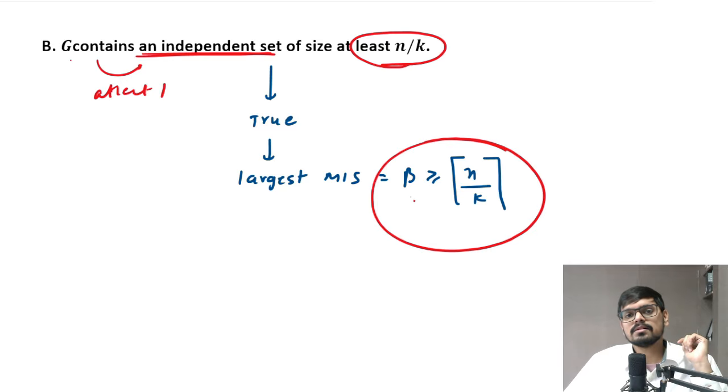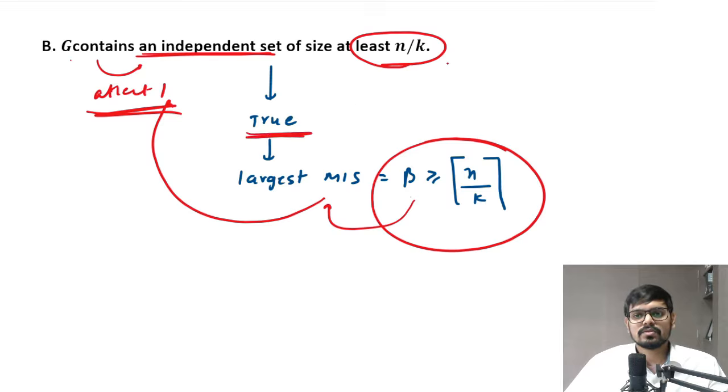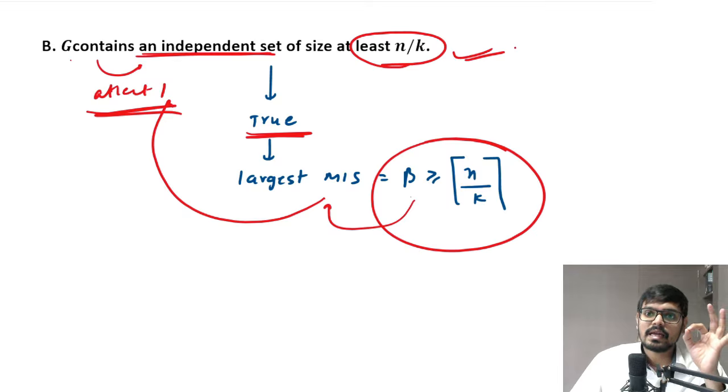Beta was the independence number. What is the independence number? The number of vertices in the largest MIS. What is MIS? Maximal independent set. Can I say that is nothing but an independent set? So we have at least one independent set. Yes. So this is true. Just see, contains an independent set of size at least n by k.